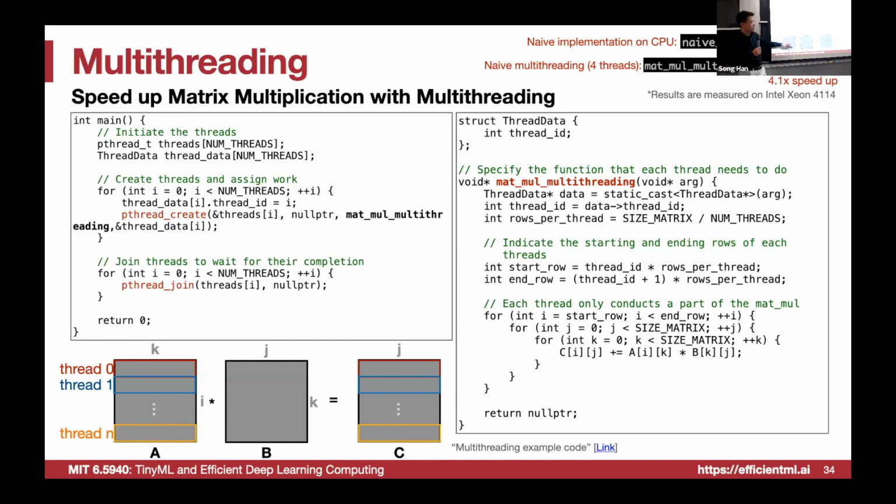Here we have A, B, and C. Remember, by using multi-threading, we have to block the matrix into several parts. Each thread is responsible for several distinct rows in the A matrix. For example, thread 0 is only responsible for the first couple of rows. Thread 1 is responsible for the second chunk, etc.